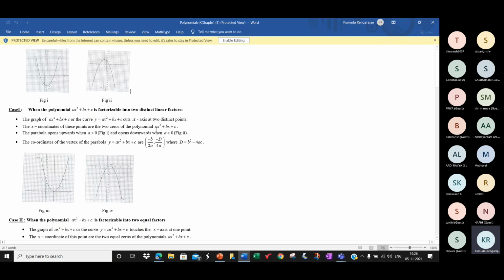We consider only a greater than 0 and less than 0, because if a were 0, it would become 0x squared, which is not a quadratic polynomial at all. That's the most important condition. So a is either positive or negative. Positive meaning a greater than 0, negative meaning a less than 0. Children, am I fast? Are you getting me?